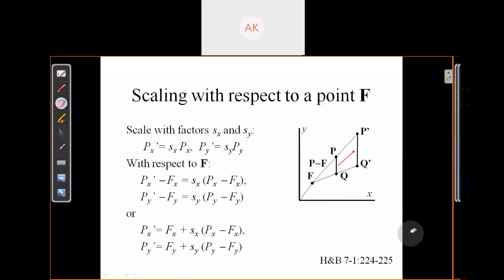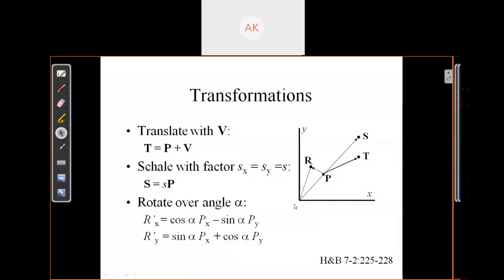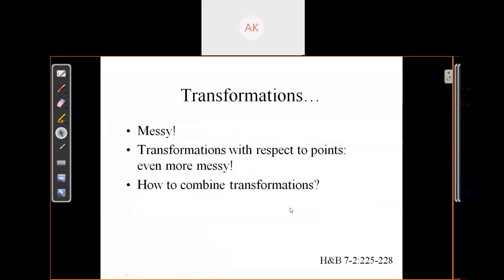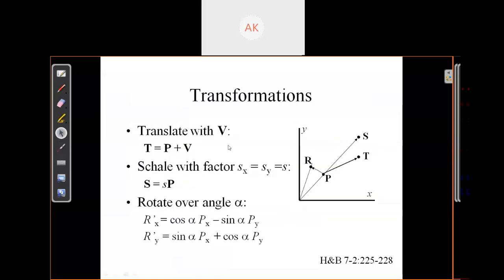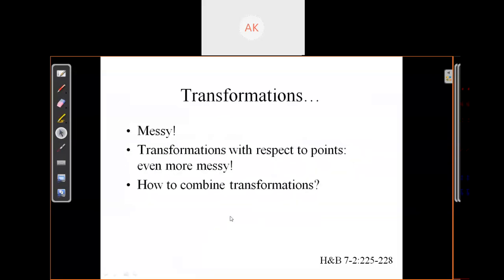I think the purpose is clear, what we are doing. So in this case, we first translate, rotate, and scale up.